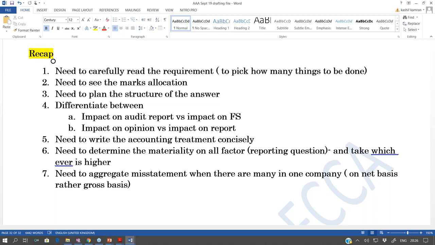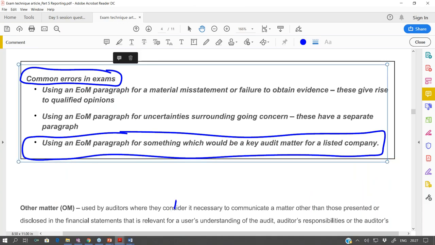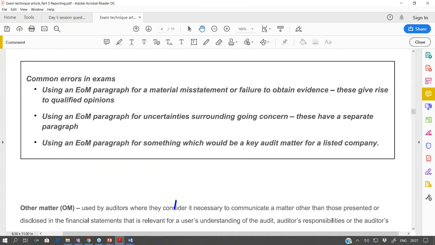Okay, now just one last thing to be done from the reporting area, which is to discuss common errors. See these common errors in front of your screen. Let's be very clear that we are not doing these common errors in the exam paper.